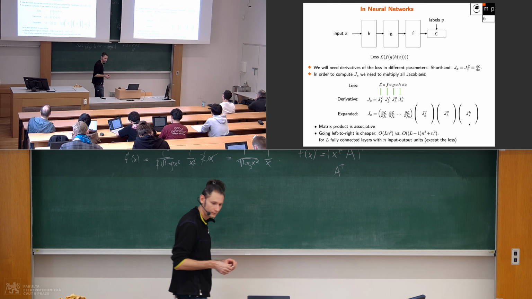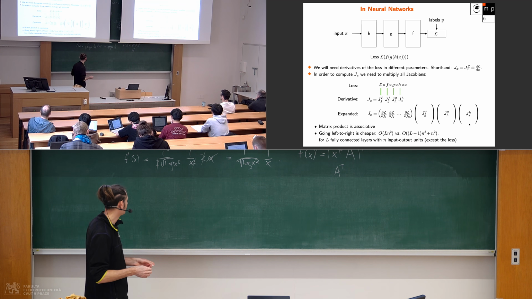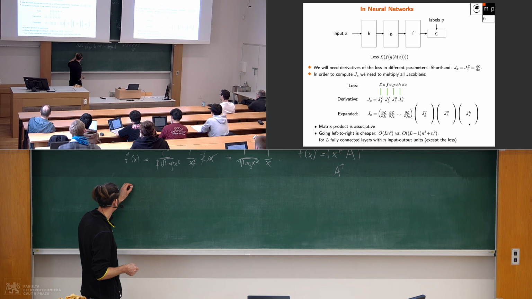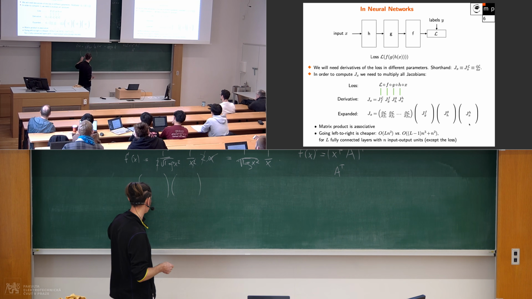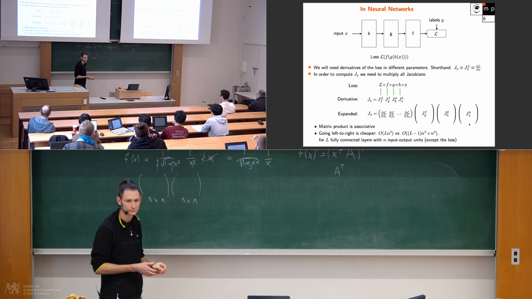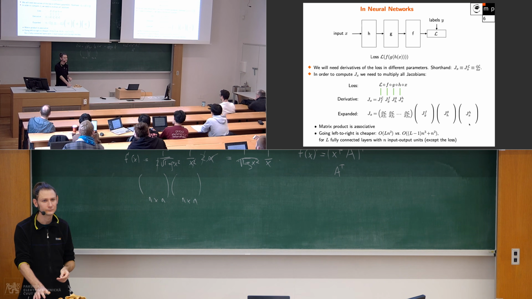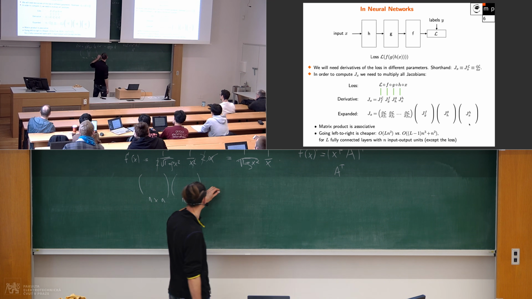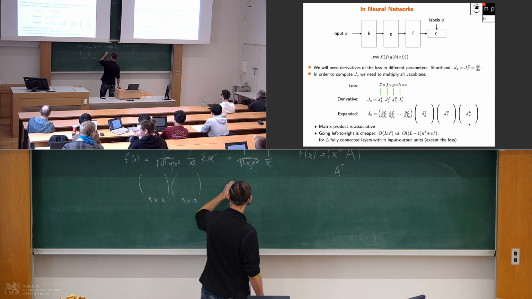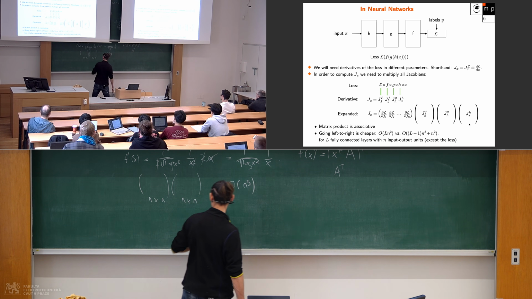Now, a question to the audience. What is the time complexity to multiply two matrices of size n times n and n times n? N cube, yes. This is n cube.